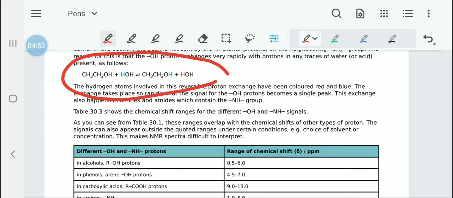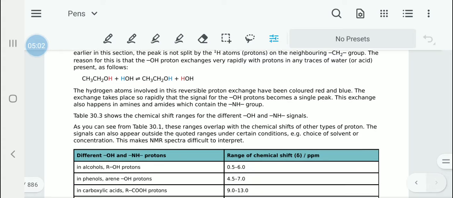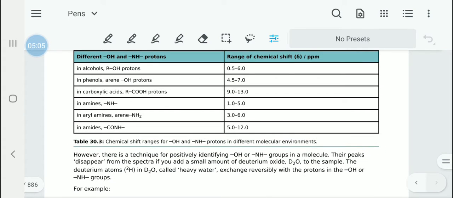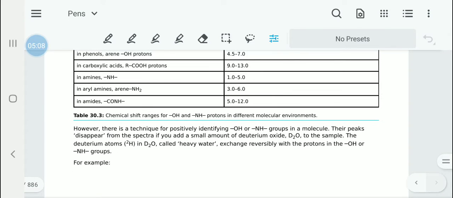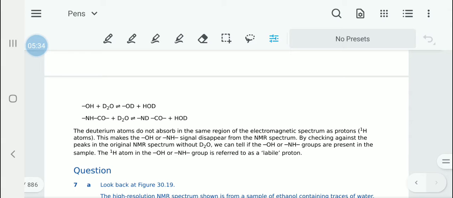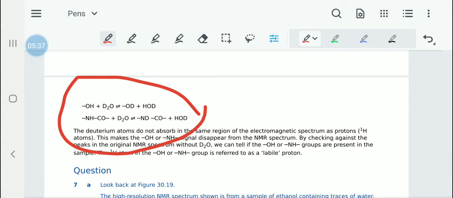Take different colored pens and write down the H. After that, write down: when interpreting NMR spectra, to identify OH or NH, we can add a small amount of deuterium oxide, within brackets heavy water, which will exchange reversibly with the protons of OH or NH. Write down these two equations.